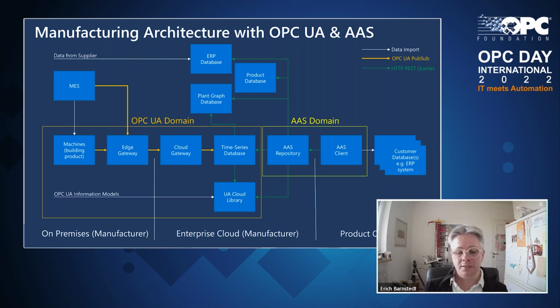And then most likely that customer will put the information into their ERP system. So the arrow that you see here, where you're loading data from the asset admin shell into the ERP system, is the same arrow you see up here, just one level down in the supply chain.